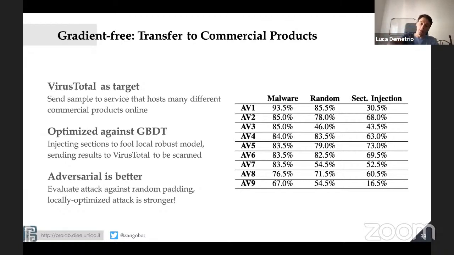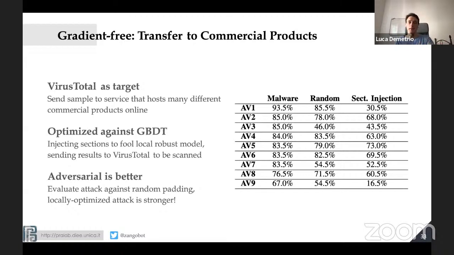So this table is a summary of the results of our attacks. We just put here 9 products that are kind of famous. And for obvious reasons, we are anonymizing them, because this is for vulnerability disclosure. We also sent something to one of these companies, and we are currently under NDA, so I can't disclose too much.